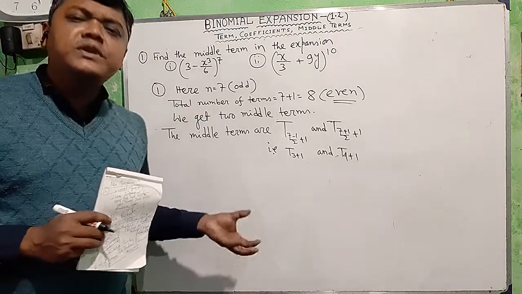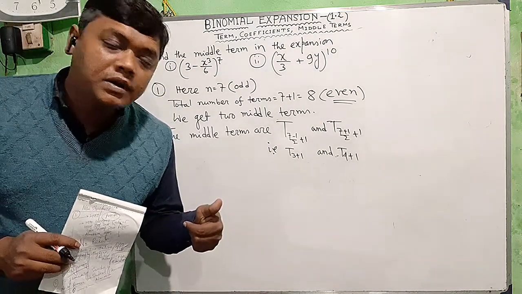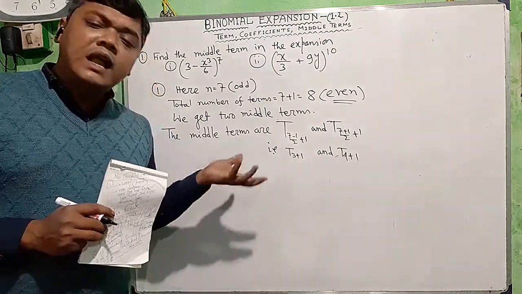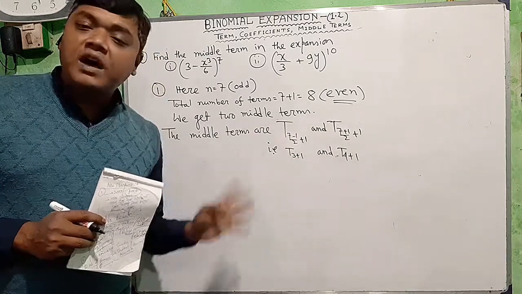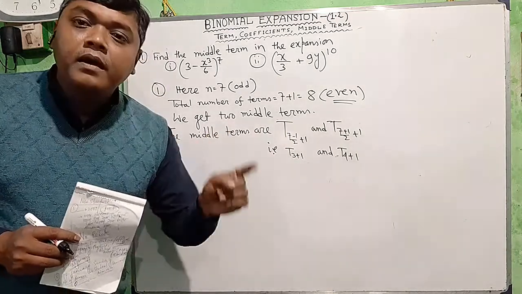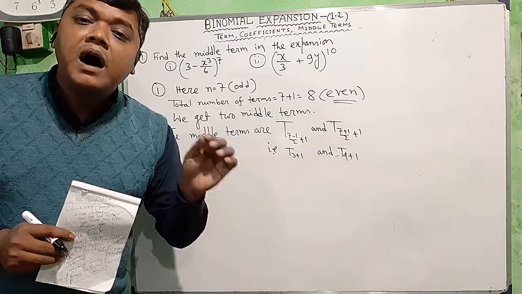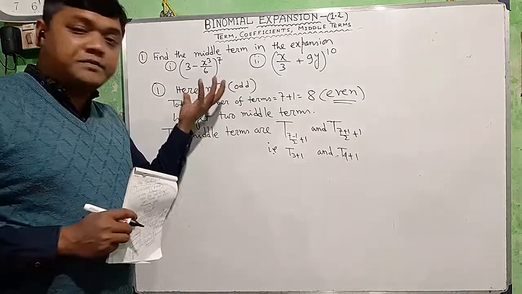Because we know T(r+1). So in this form you can clearly write down T4 and T5 are the middle terms of this expansion.